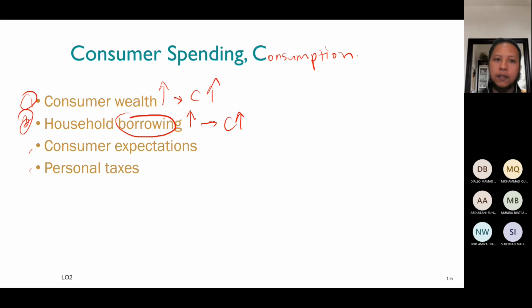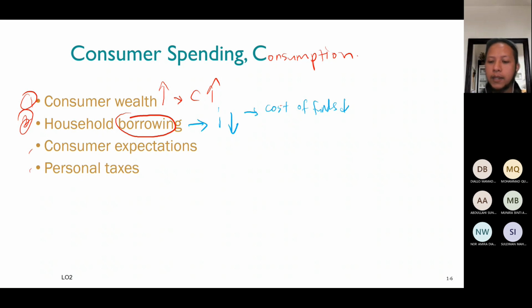What happens is that when interest is low, the cost of funds is cheaper.